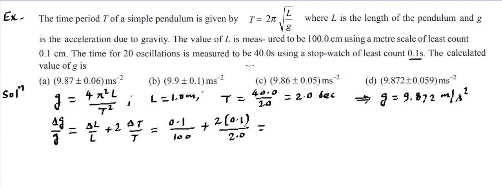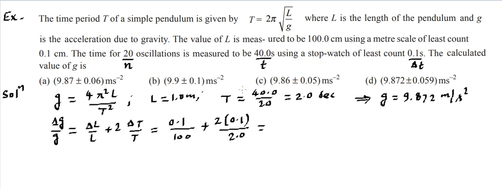That means when we are measuring this continuous time, 0.1 second error is coming, and we are using 20 oscillations. So let's say we have n number of oscillations and this is the time t, then this will behave like delta t. So this delta t is the error in t when we take 20 oscillations. Making sense?